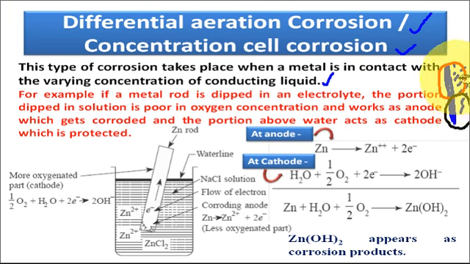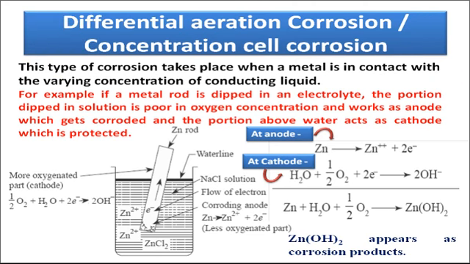Due to the variation of concentration in these two parts, the metal surface behaves as a chemically non-uniform surface, and anodic and cathodic areas are formed on the metal surface, which results in corrosion. This type of corrosion is called concentration cell corrosion. If the concentration of air is different at different metallic parts, then this corrosion is called differential aeration corrosion.